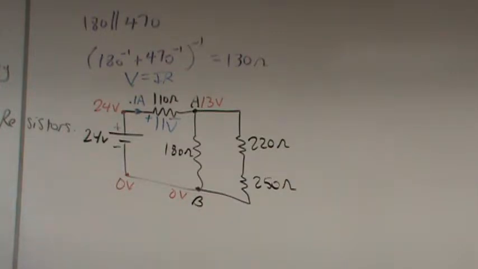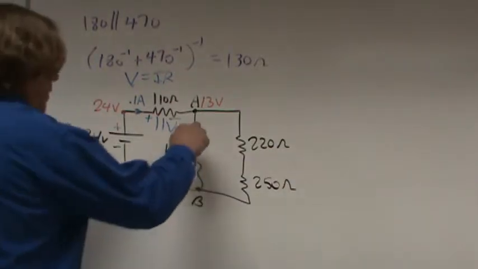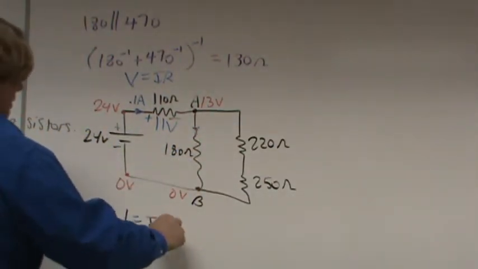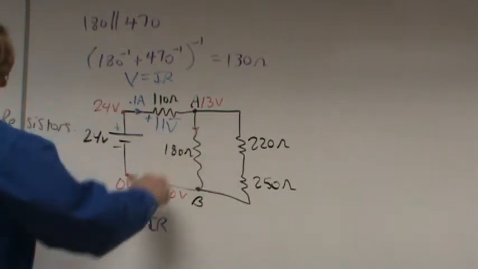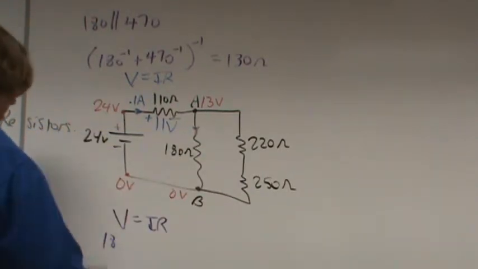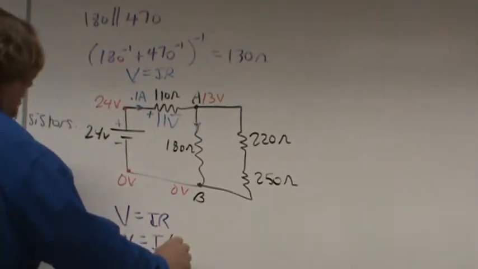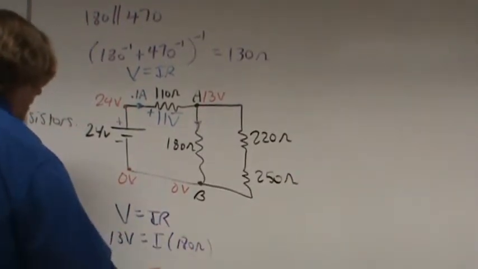You're going to do the V equals IR. Thank you. You guys okay with that? I'm going to get this current. I'm going to do V equals IR, okay? The voltage drop across the 180 ohm is 13 volts. I don't know what the current is, but I know the resistance is 180 ohms.